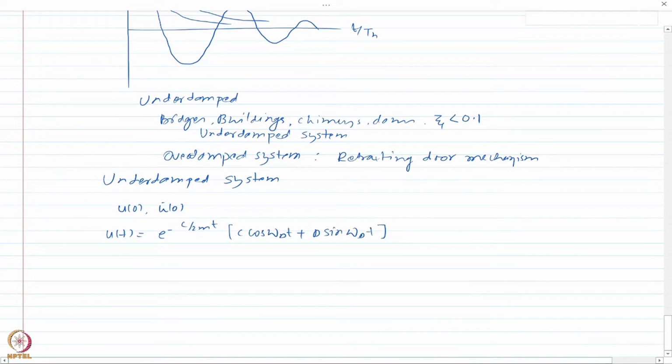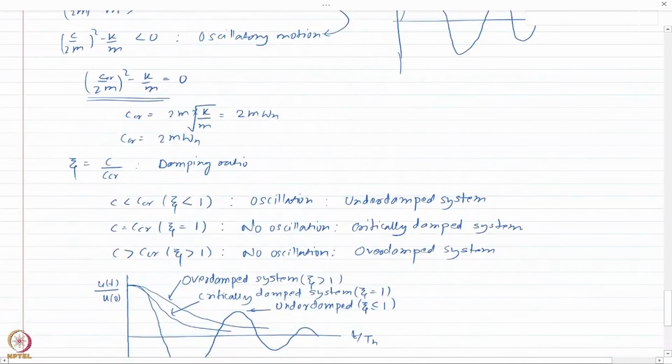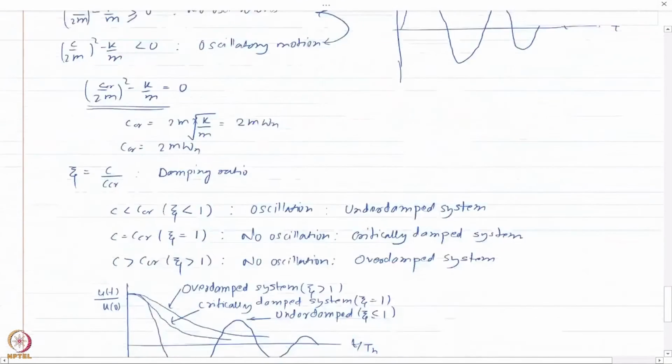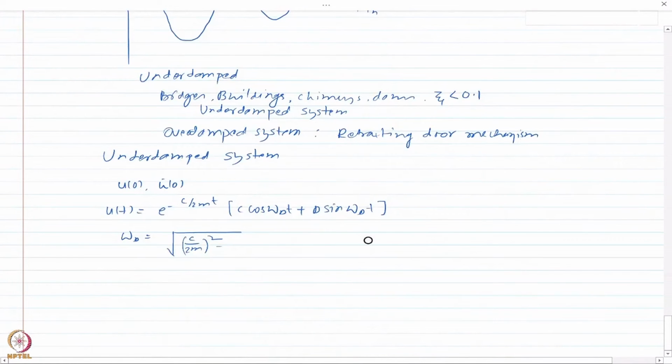But before that, remember I said my omega d, I am representing it as this quantity. Let us go back to the omega d value that we had assigned. Our omega d is actually not c by 2 but is actually the square root of k by m minus c by 2m whole square.